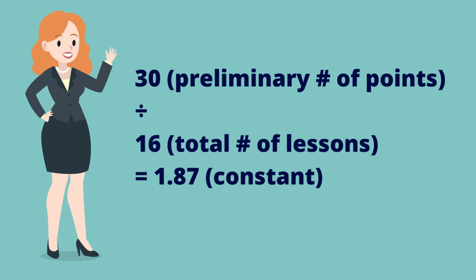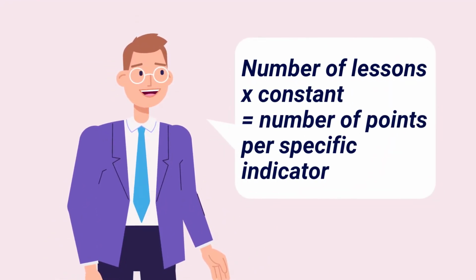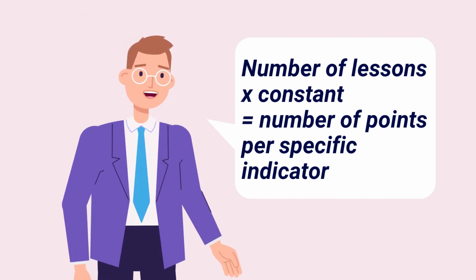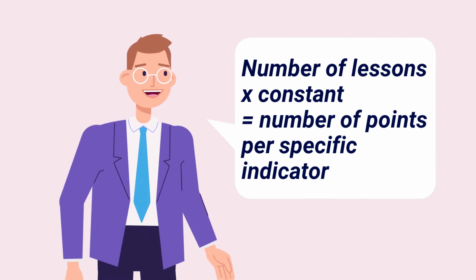With the constant, Elisa will now be able to obtain the number of points assigned to evaluate each indicator of learning. Here we need the second formula. To obtain the number of points to evaluate this indicator of learning, it is necessary to multiply the number of lessons by the constant.